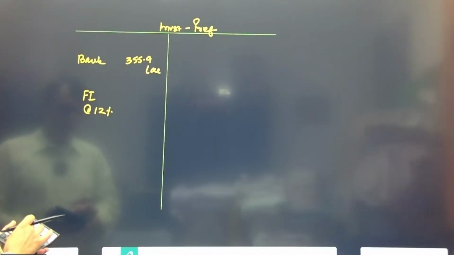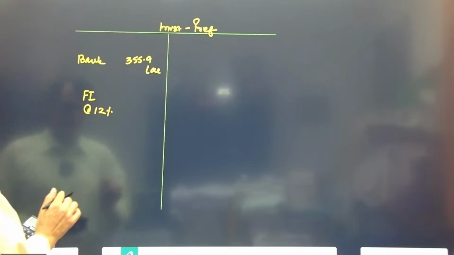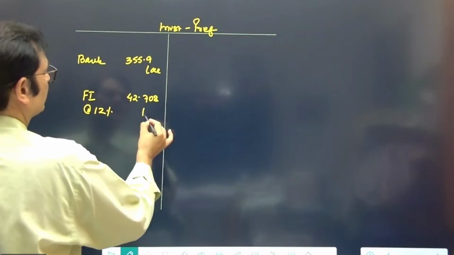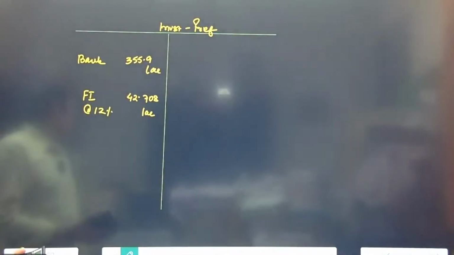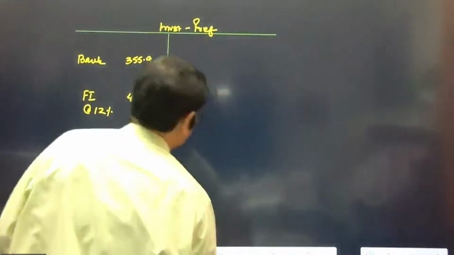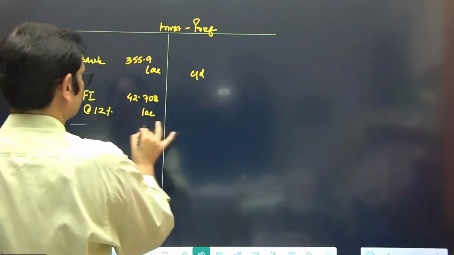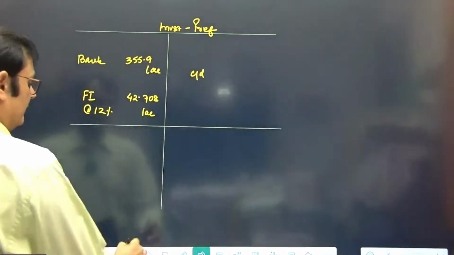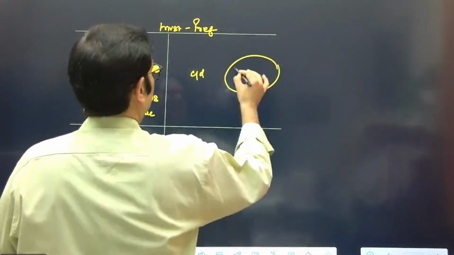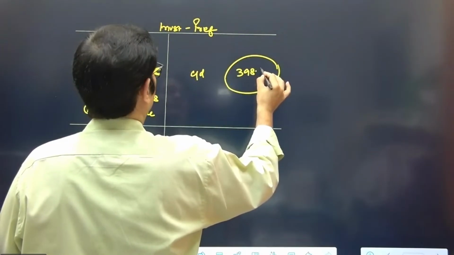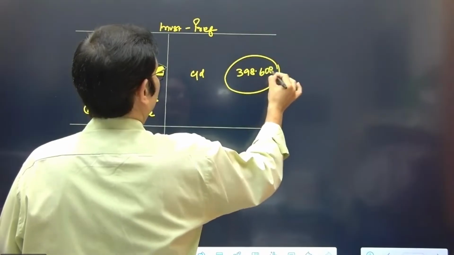So 355.9 at 12% would mean 42.708 is the finance income. There will be no collections at the end of this year, so we'll just take the balance c/d as a balancing figure: 398.608 lakhs.